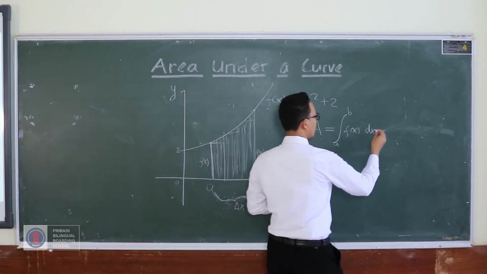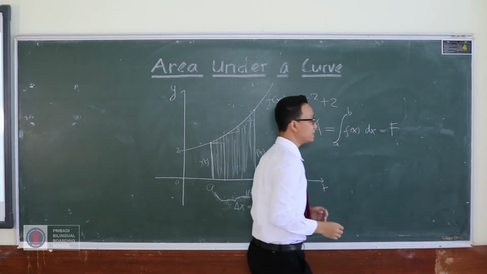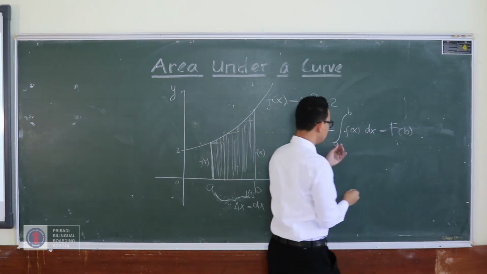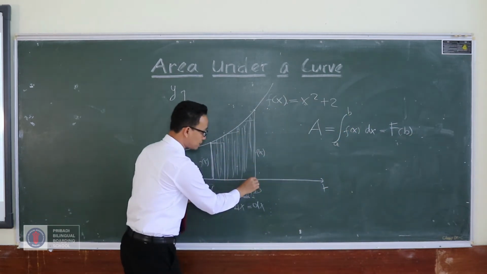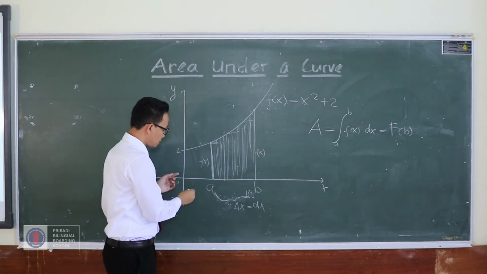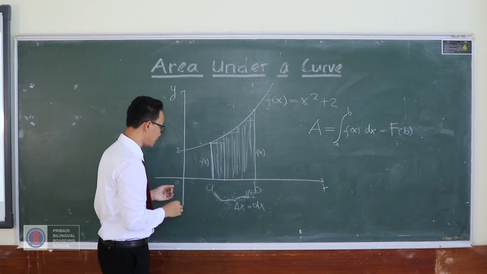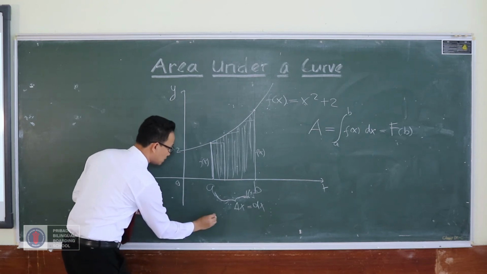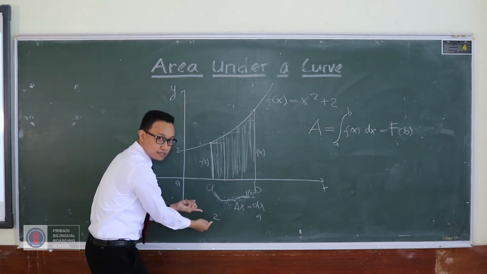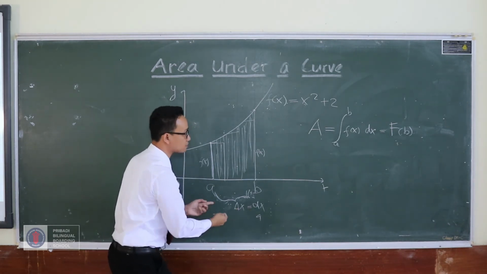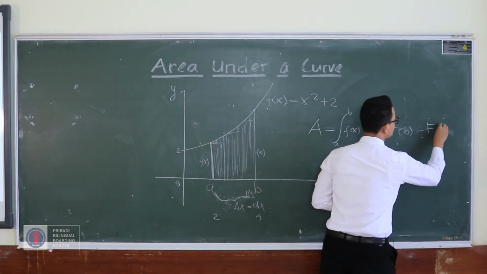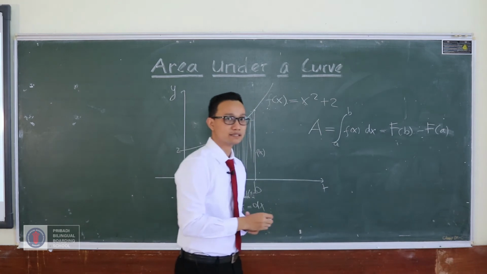So it will be big F from B, because the boundaries are from A to B. For example, if this is from 2 to 4, this distance is 4 minus 2, right? So the same here, it is B minus A. It's F(B) minus F(A), like this.